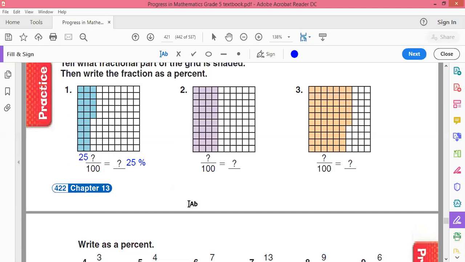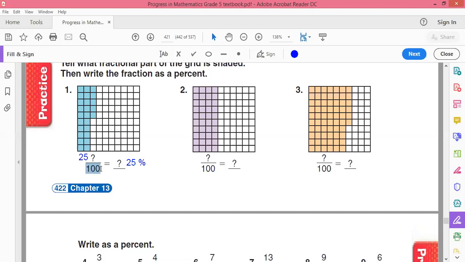Abdul Mohsin, look there. How many boxes are shaded? 25. And in total, how many boxes are there? It's given to you, 100. So 25 over 100. The denominator is what? 100.